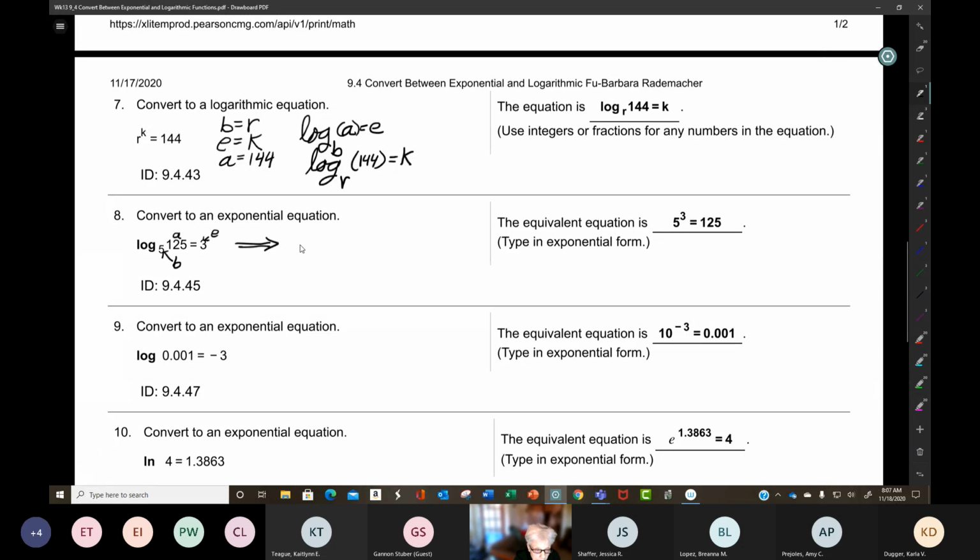So we're going to change this to B, E, A. Be an angel. Okay, 5 to the 3 equals 125. And that's true. 5 times 5 times 5 is 125.